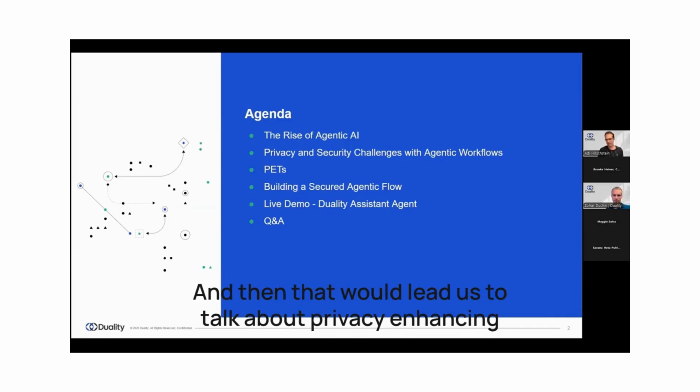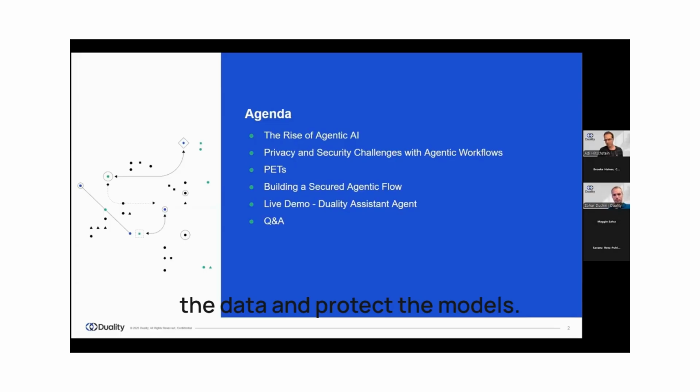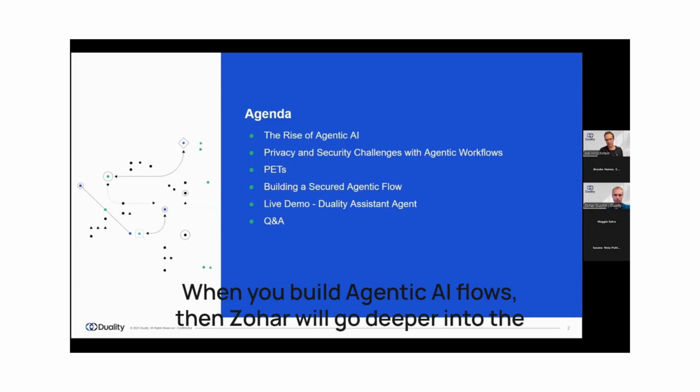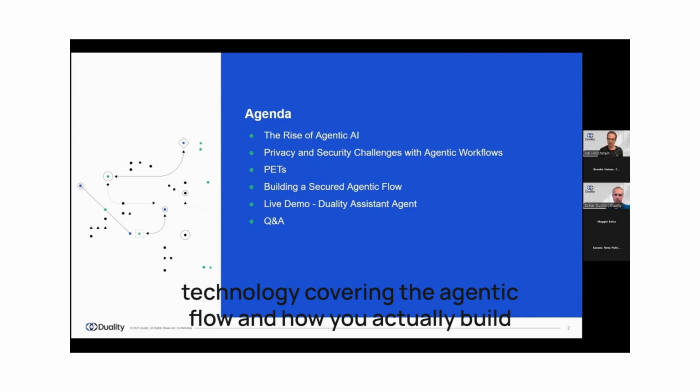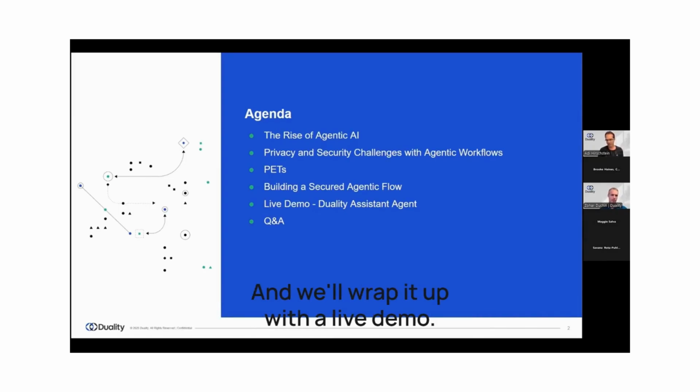And then that would lead us to talk about privacy enhancing technologies and how we can leverage PETs in order to protect the data and protect the models when you build agentic AI flows. Then Zohar will go deeper into the technology, covering the agentic flow and how you actually build those flows in combination with privacy preserving technologies. And we'll wrap it up with a live demo.